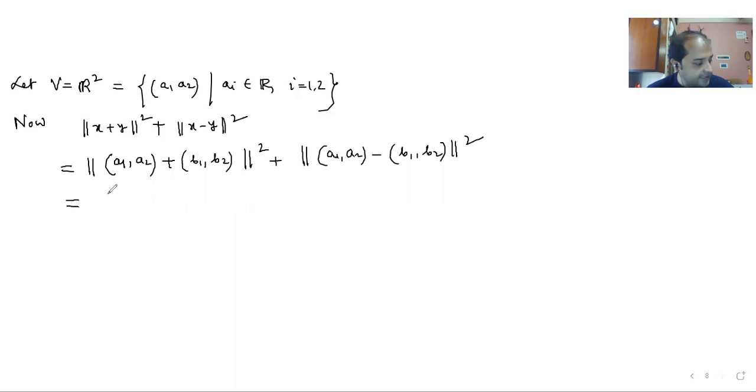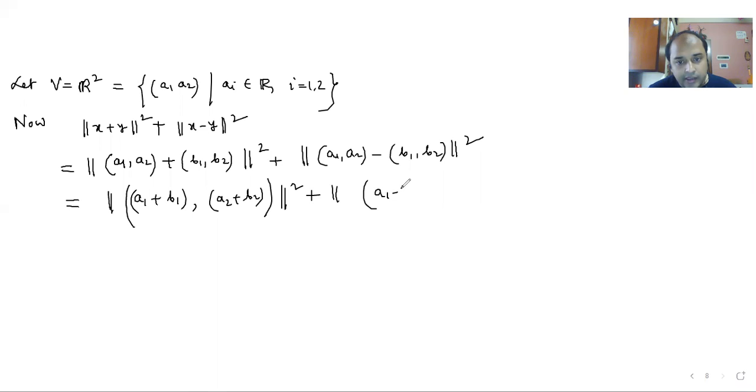Okay, and that is nothing but norm of (a1 plus b1, a2 plus b2) squared, and norm of (a1 minus b1, a2 minus b2) squared.